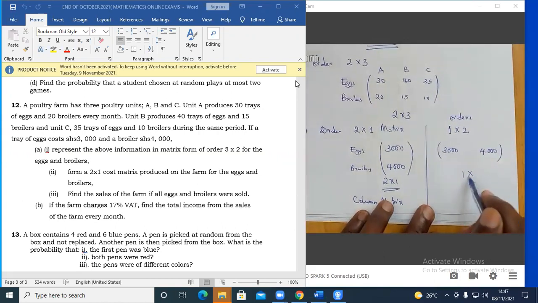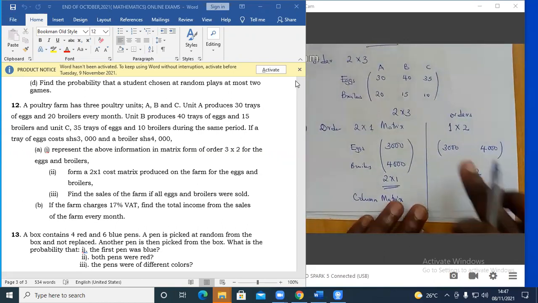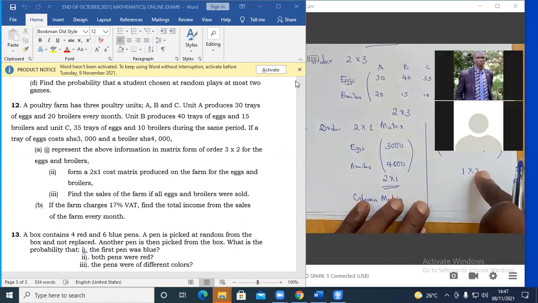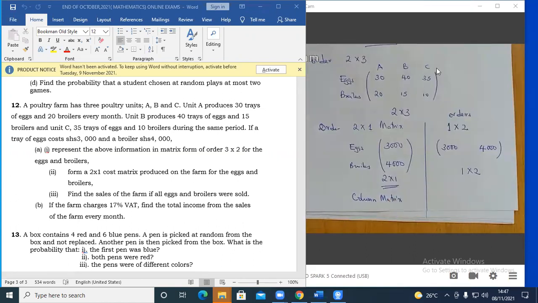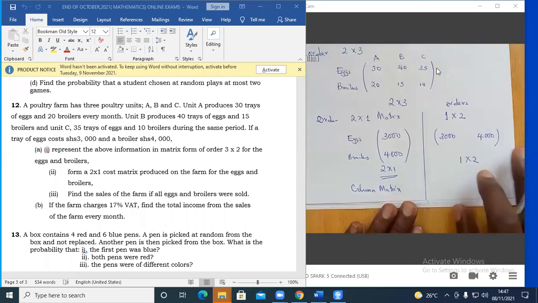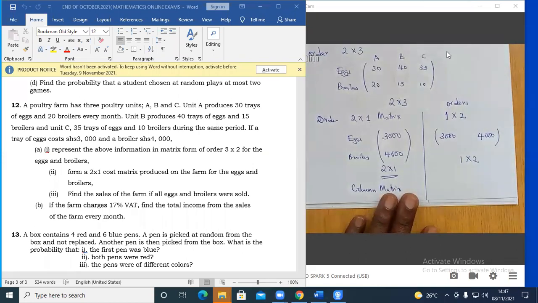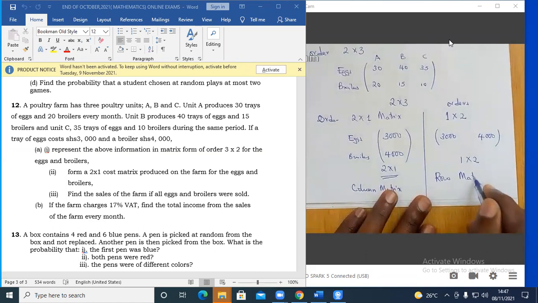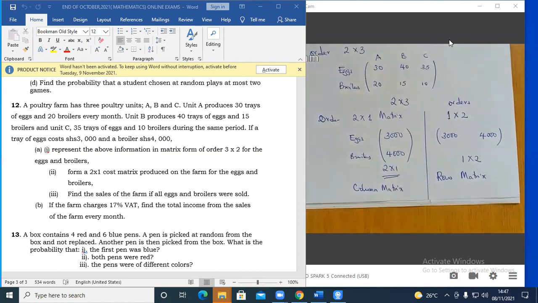So this is 1 by 2, 1 row, 2 columns. What is the special name given to this matrix? The previous one is a column matrix. This is a row matrix. Good. Are we together?